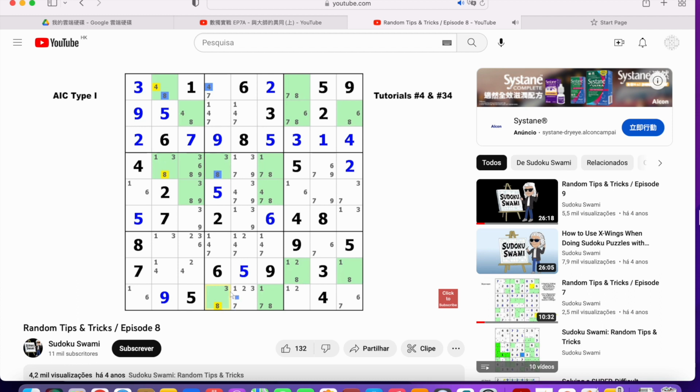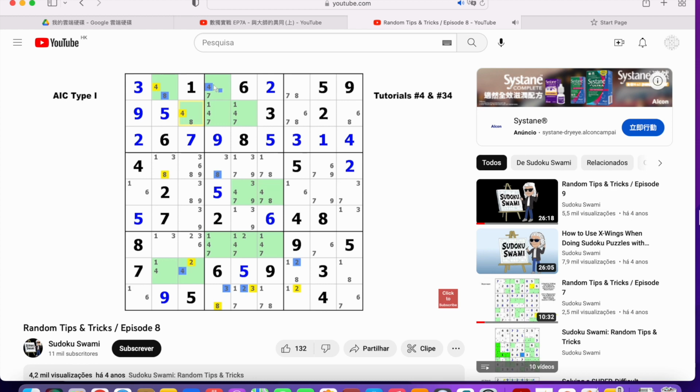Then we've got a weak link to the 3, a strong link to this 3. Let's highlight the 3s. And then we have a weak link to this 2, and now let's highlight the 2s. We have a strong link to this 2, a weak link to this 2, and a strong link to that 2. And then we have a weak link to this 4, and let's highlight the 4s again, and we have a strong link up to this 4.